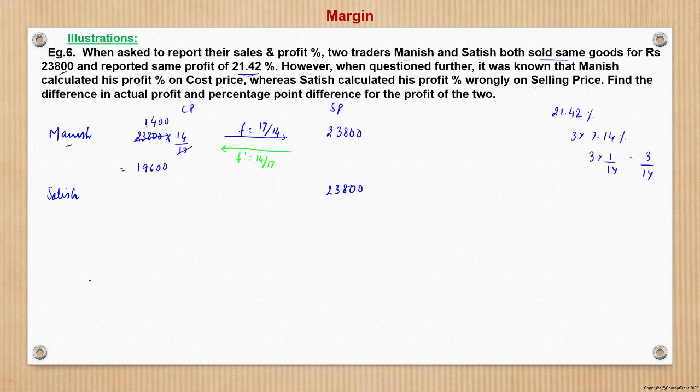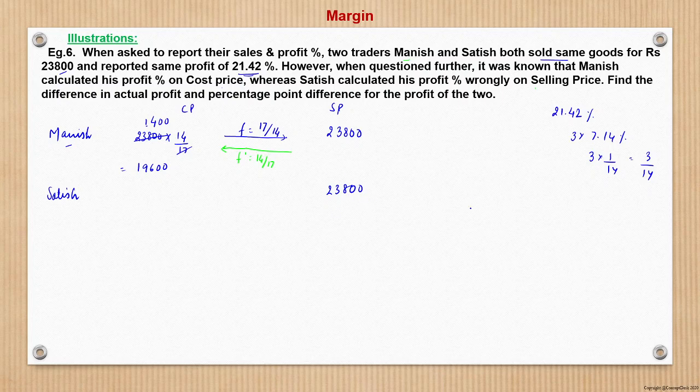Right. Now for Satish we will see what it is. Satish has reported a profit of 21.42%, but he has not calculated this over CP. He has calculated this over SP only, right?